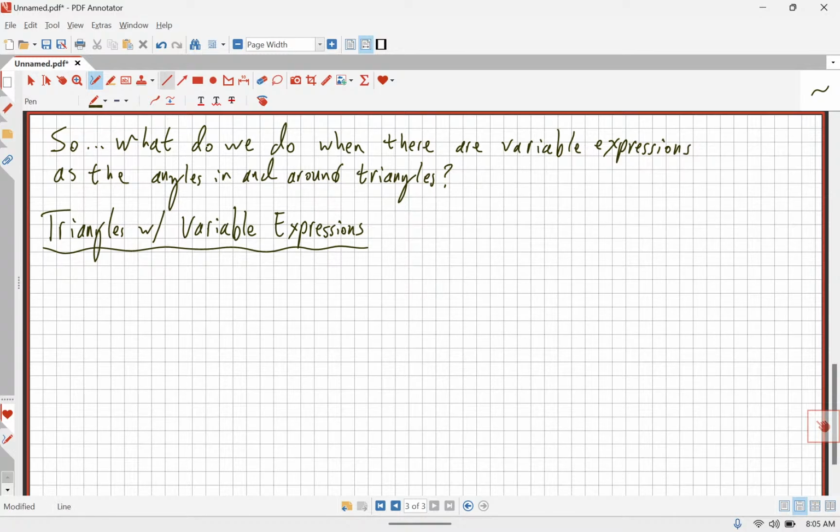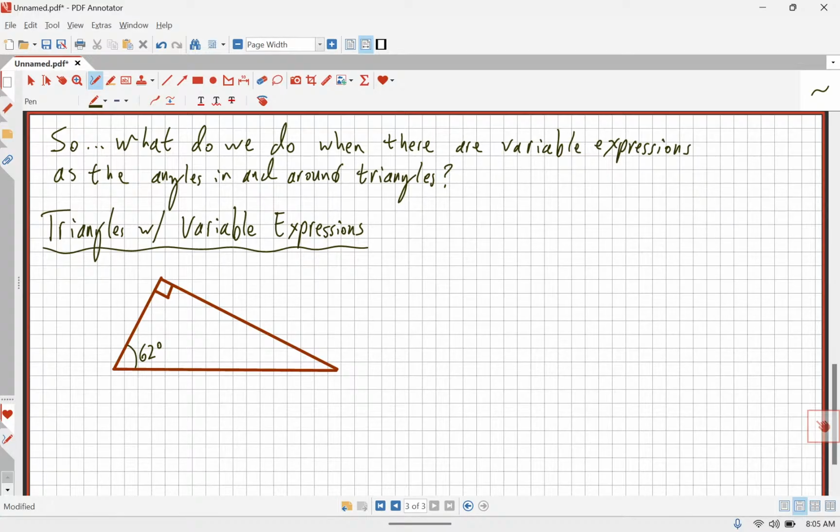Okay, we're going to start pretty simple. We're going to draw a triangle that looks like this. Put a little box in the corner. And this angle right here is going to be 62 degrees.